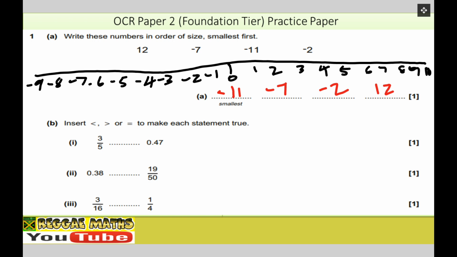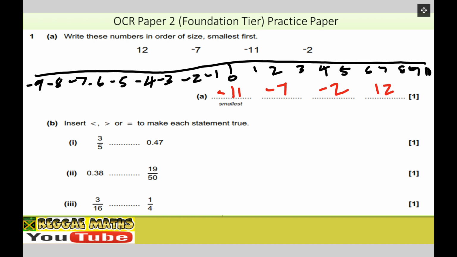Now we are asked to make these statements true. So we need to say if it's greater than, less than, or equal to. Reading from the point to the opening of the sign, the pointed bit, the first one here is less than, greater than, and then you've got the equal there.